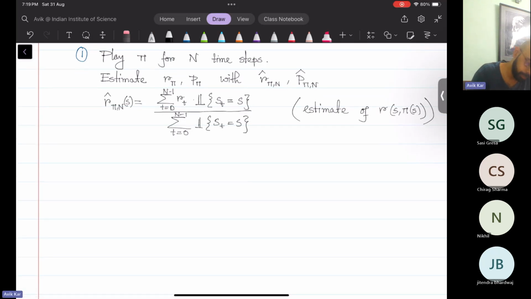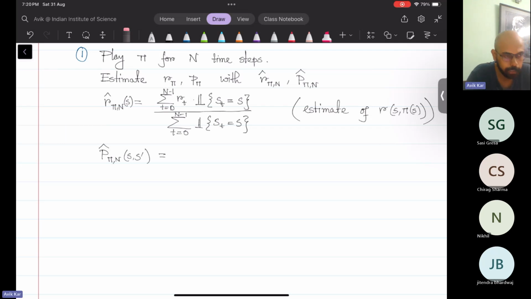And what about this P pi? This is not a function of state, rather it's a function of state cross state. So what will be this quantity? If you think carefully, please. Yes, this will just be the ratio of the number of times we have gotten into different states from this state.